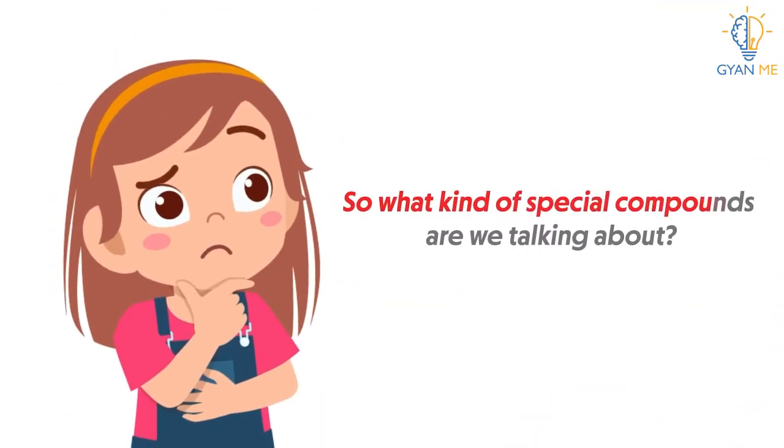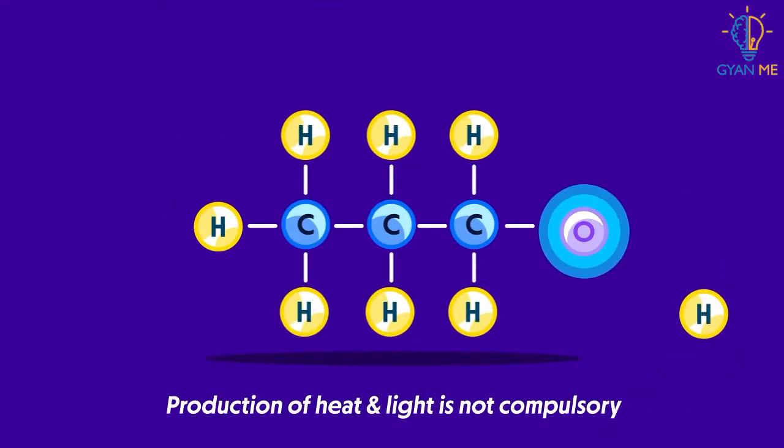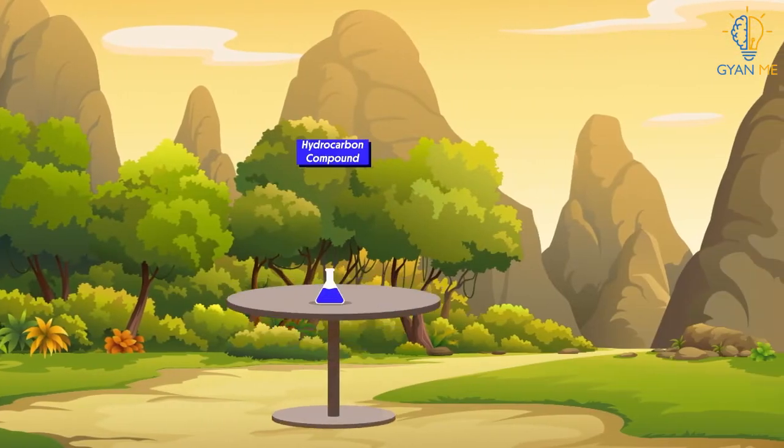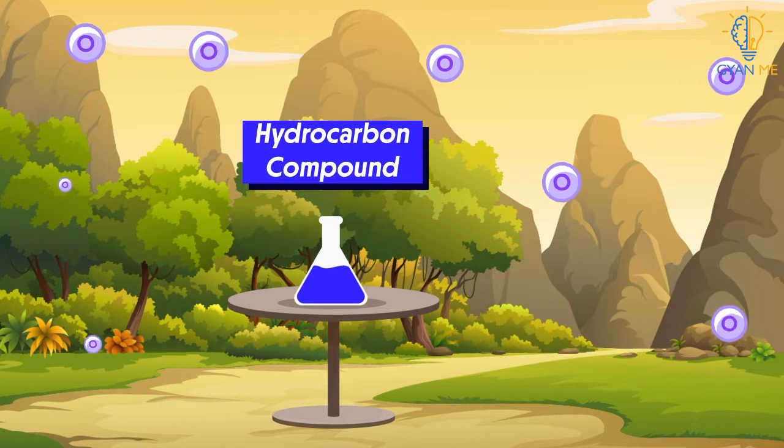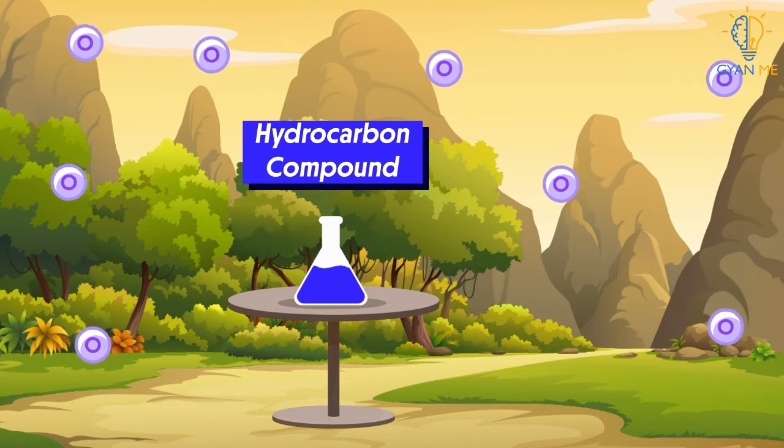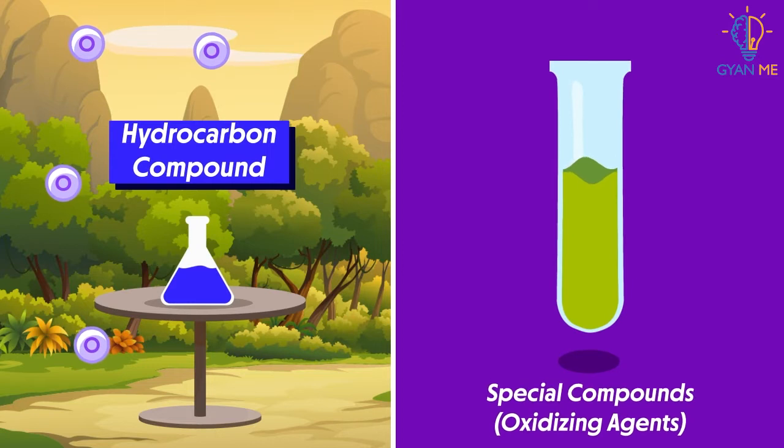So what kind of special compounds are we talking about? We already said that oxidation reaction is the addition of oxygen atoms to the compounds. Now, can we keep any hydrocarbon compound open in the air and will oxygen be added to it automatically? No, absolutely not, isn't it? We require special compounds that carry out these reactions of hydrocarbon compounds with oxygen.